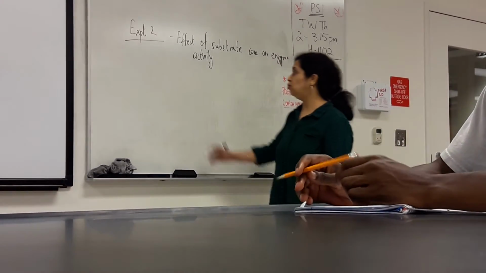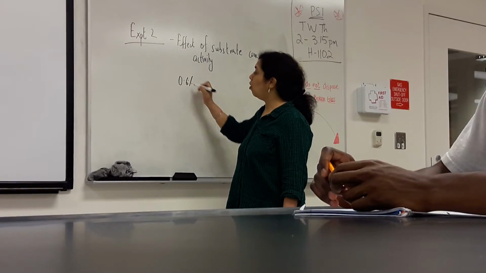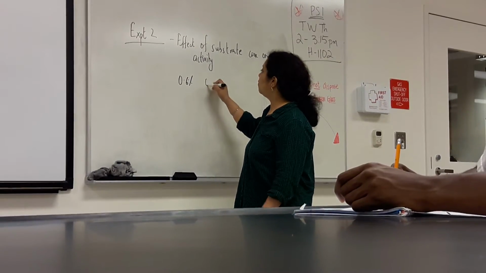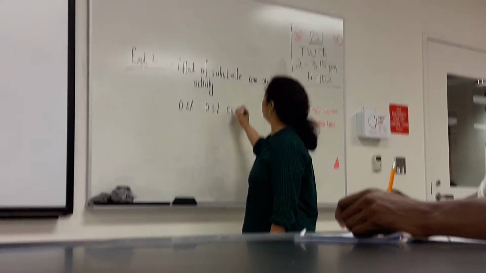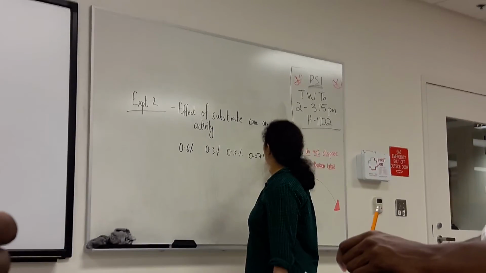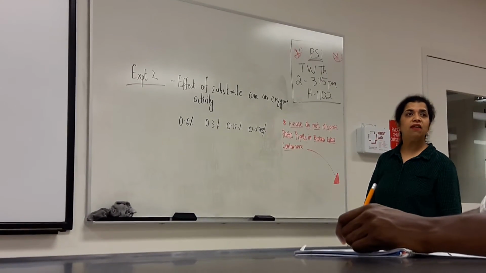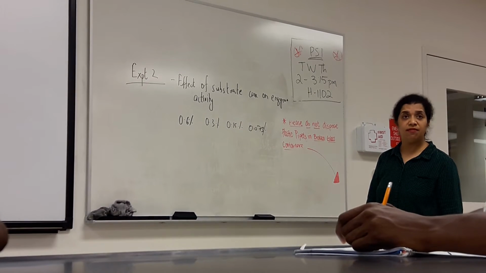In this experiment, you did serial dilutions of 0.6% catechol. So you took 0.6% catechol, 0.3% catechol, 0.15% catechol, 0.0725% catechol, whatever it was. So in the second experiment, you tried to study this effect.